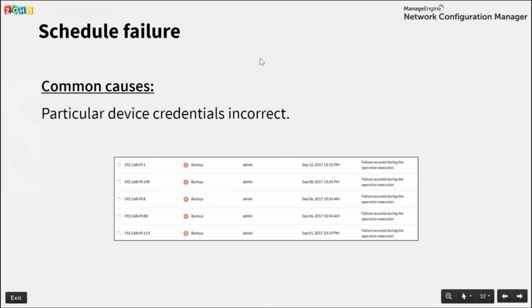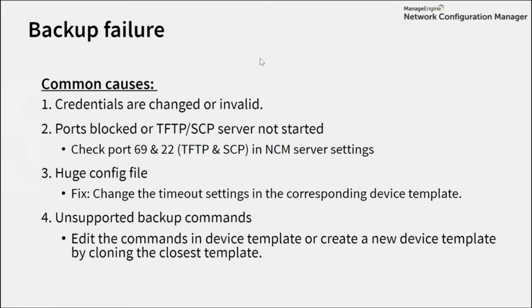There are chances of a schedule failure because the device credentials are incorrect. The credentials would have been correct when you first entered them, but would have been changed later. So you just have to go to the credentials of that particular device and update them with the recent credentials. Another reason for a backup failure could be that the credentials are changed to invalid, in which case you'll again have to go back to the credentials of those devices and update them.